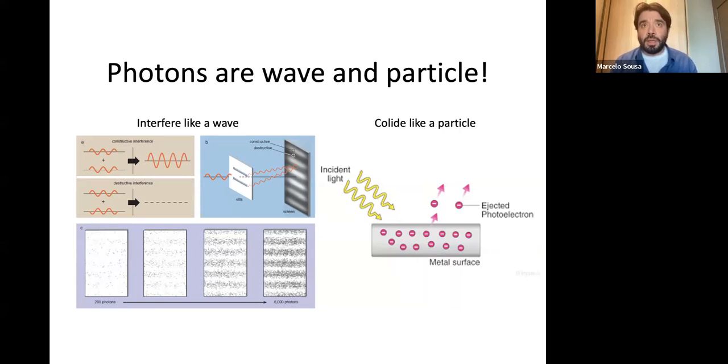But in 1905, Einstein explained the photoelectric effect considering the quanta of light, the photons, as a particle that can interact and take off electrons from the metal surface. So showing that in specific cases, the light can behave like a particle that was named the photons.